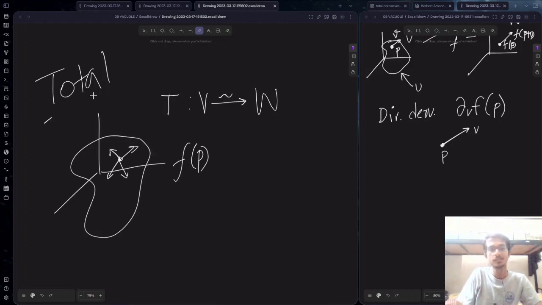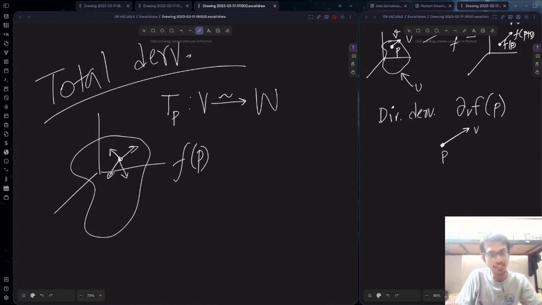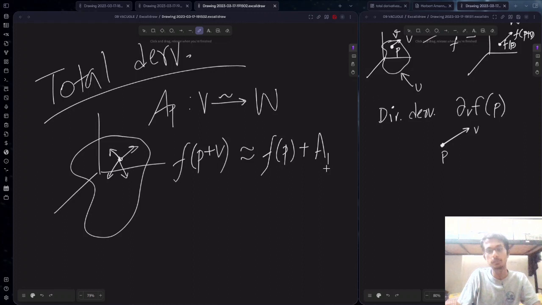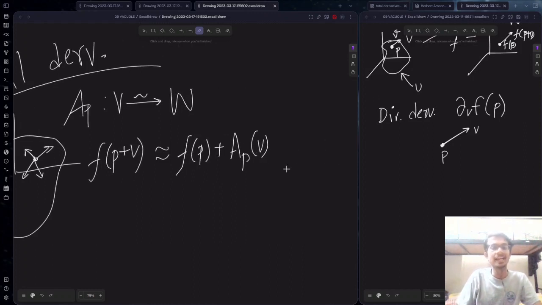So what we are doing is taking a linear approximation, so there should be some TP. I should take a better name, but let's say there should be a linear function called AP, where f of p plus v would be approximately the same as the function evaluated at p plus AP of v, and the actual equality should be something of this form.